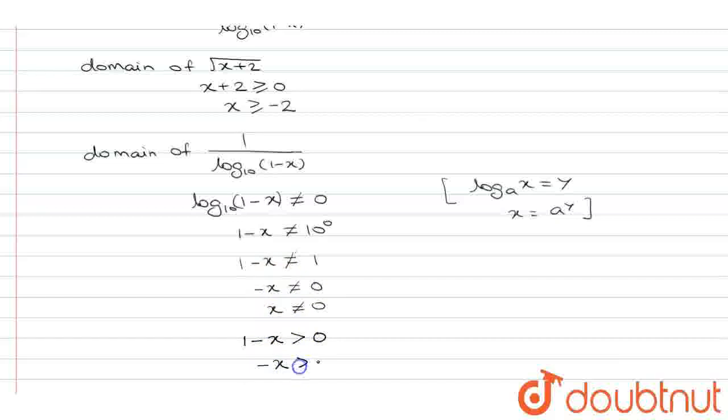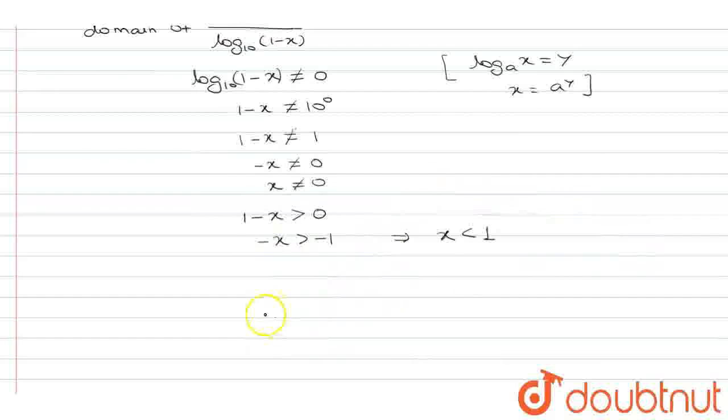So minus x will be greater than minus 1. If you multiply by minus on both sides, it will become x should be less than 1. Sorry, let me write it clearly. It will be less than 1. So from here we get all the possible domain for both the functions.